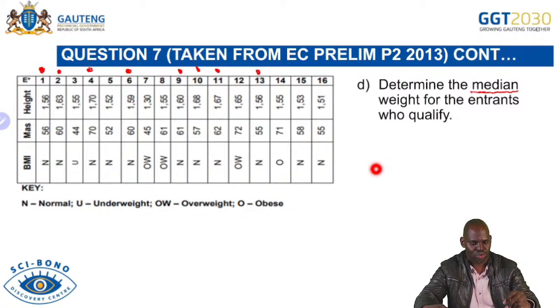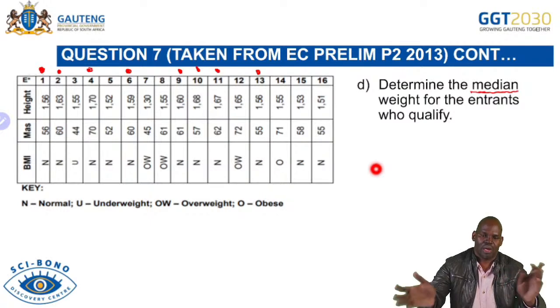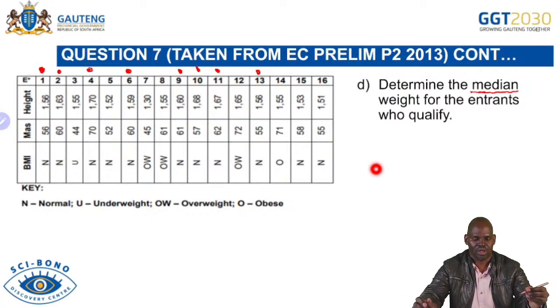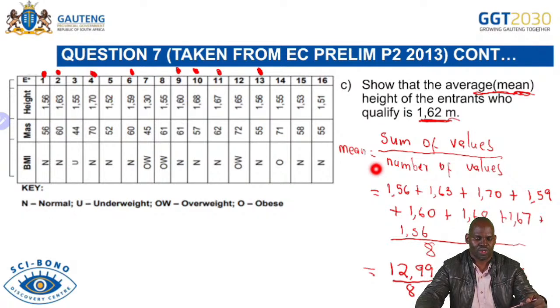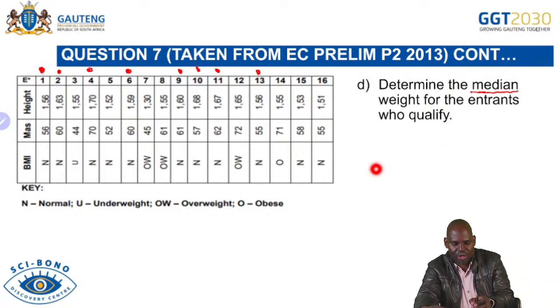So let's see, 1, 2, 3, 4, 5, 6, 7, 8. We still have 8 of them to qualify. So basically, it's the same entrants as in the previous question. I just had to redo it because it's in the new slide. So this one, we're looking at the weight.